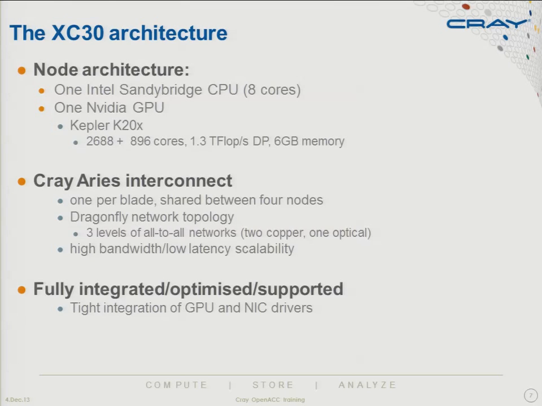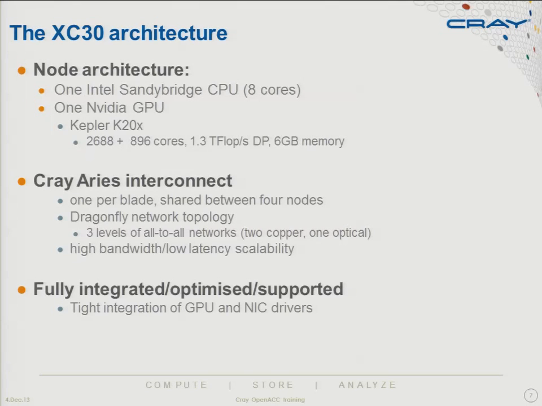So the Cray XC30, and also the XK7, like Todi, are very similar. They have nodes linked together with an interconnect. For the XC30, it's the Cray Aries interconnect, which is a sort of multi-level all-to-all network. It uses 3 levels of all-to-all, 2 with copper wiring, and then it also uses optical cables between groups of cabinets. So it gives you very good global bandwidth.